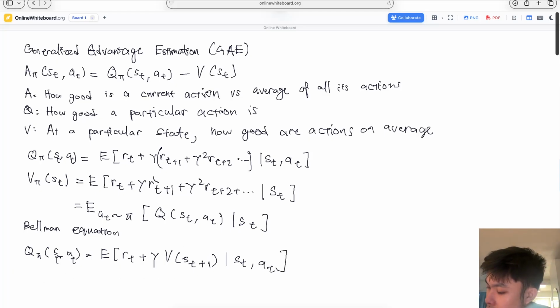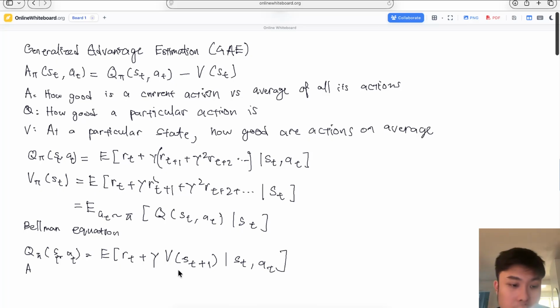So what we can actually do is estimate the advantage. Note that this is an expectation over all future states, S_t plus 1, which could be expensive to compute.